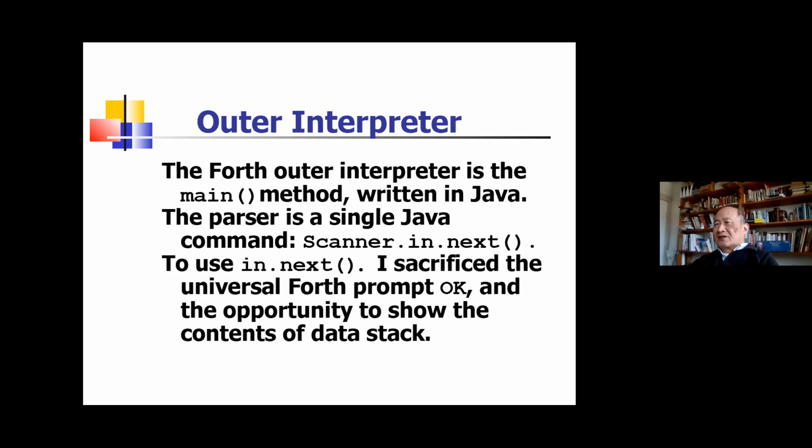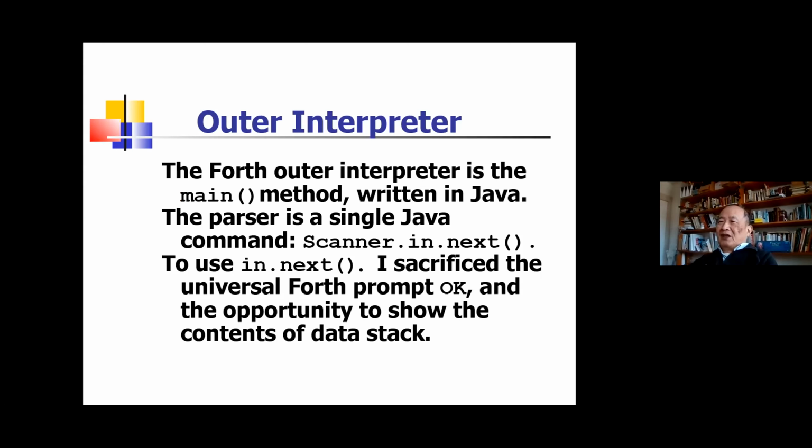You use the Scanner class, and you have input methods, and the next method just reads the next word, parsing it out of the input device. So I don't have to do anything. I just ask for the next word, and it gives it to me. To use next, however, there's a price to pay.